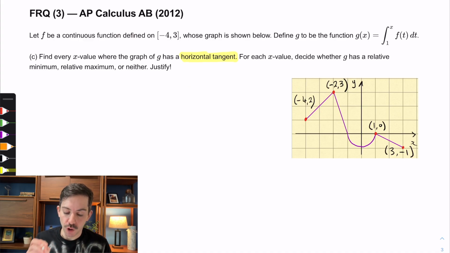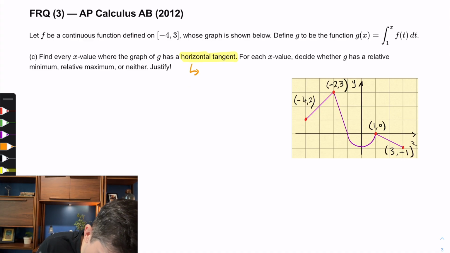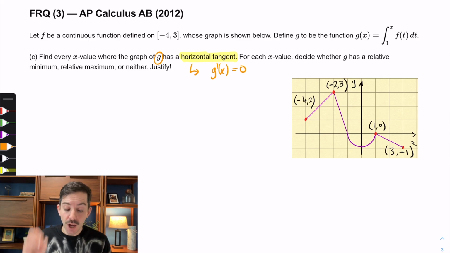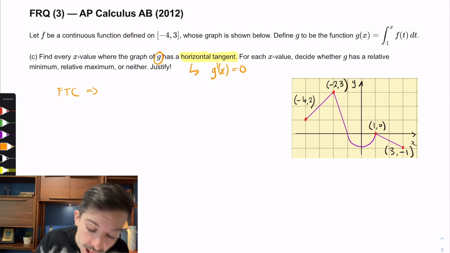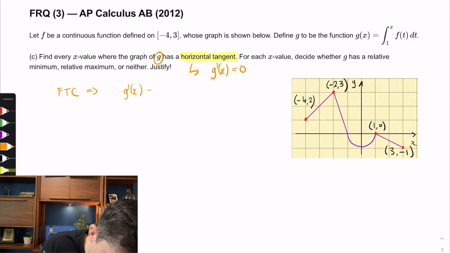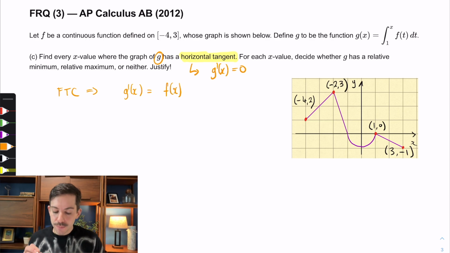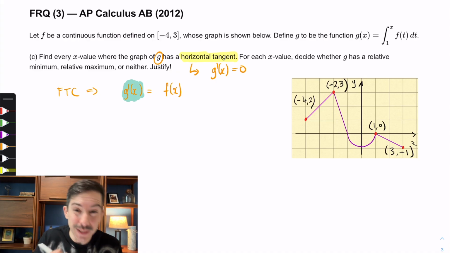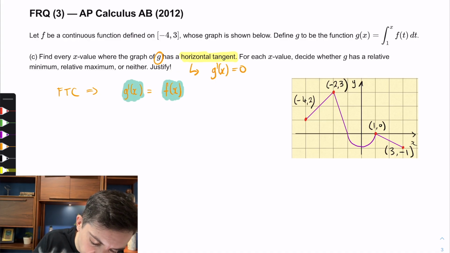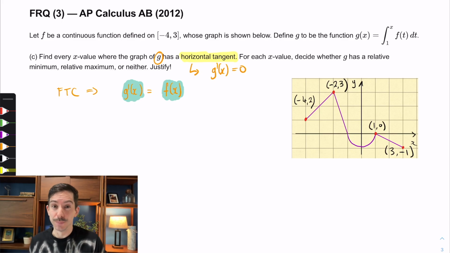First things first, for a horizontal tangent, we need to know that the derivative of g is supposed to be 0. Well, remember, from the previous part B, the fundamental theorem of calculus tells me that g prime is just f. So in particular, if I want to know where g prime is going to be 0, I just need to look at the graph of f and see where f is going to be 0.